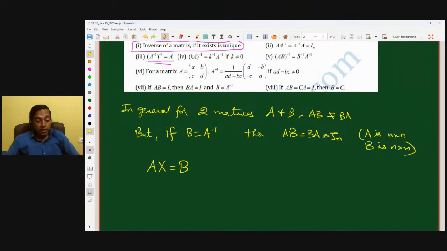Now, there is no division of matrices. In equations, you can divide both sides by A. So the equivalent of division is inverse.